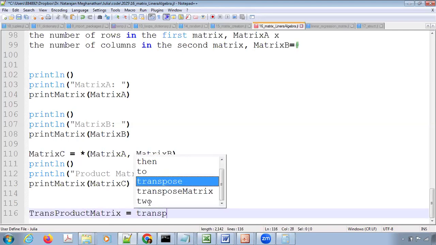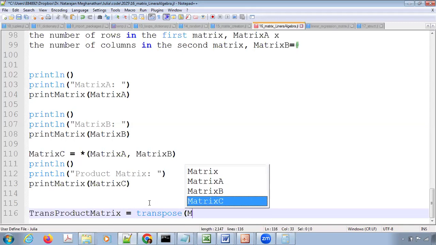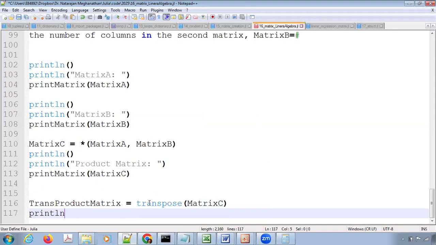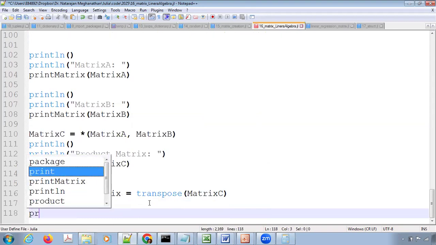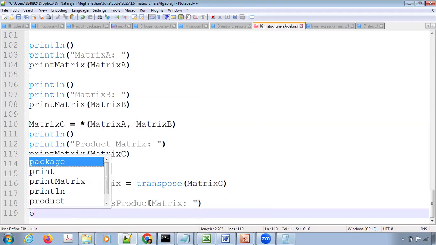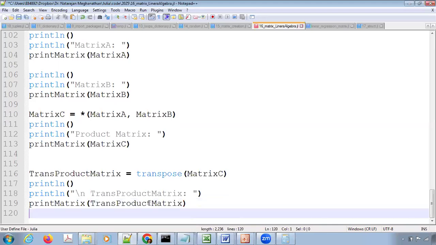And you can compute it by calling a transpose function and passing the product, which is matrix C. And then you can say println, this is the transpose of the product matrix. You can just print that name, that's good enough. And print the contents of the transpose product matrix.